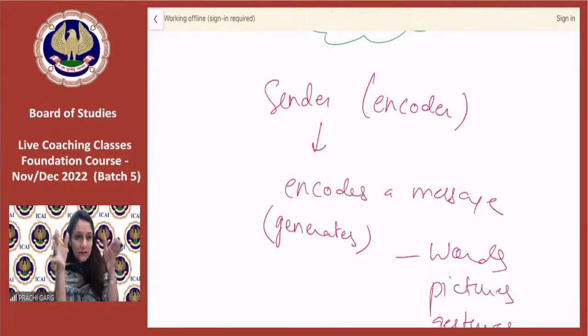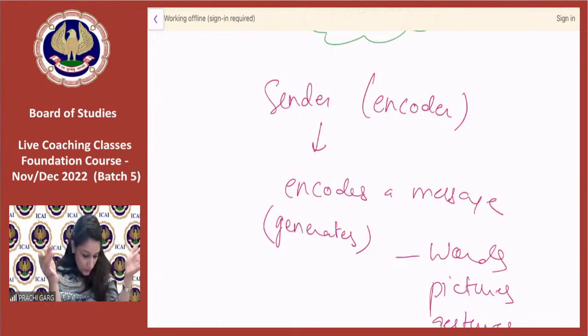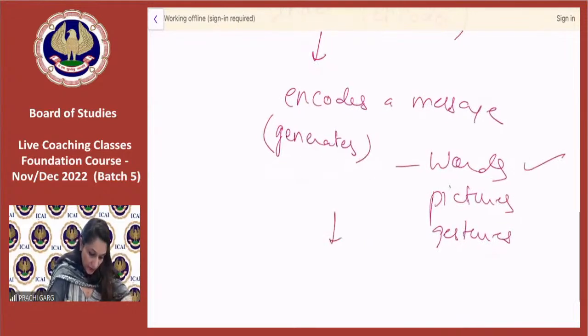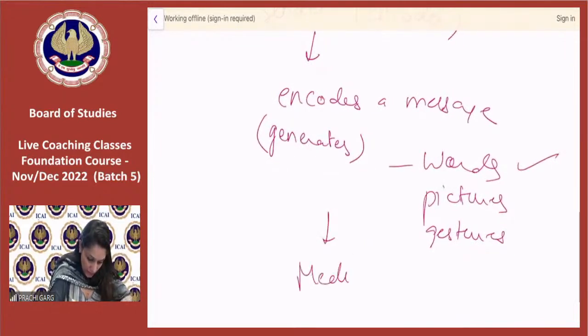So there is a sender who thinks of a message and encodes it, deciding how this message has to be generated. The sender thinks of the words, or maybe pictures or gestures, or anything. Then the sender sends the message using any medium.